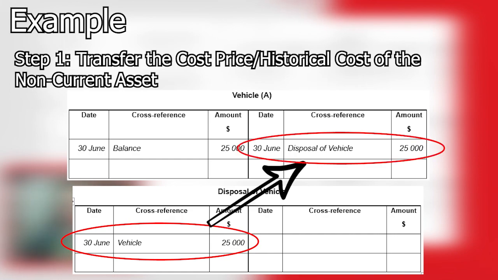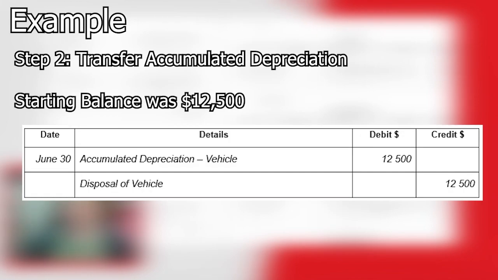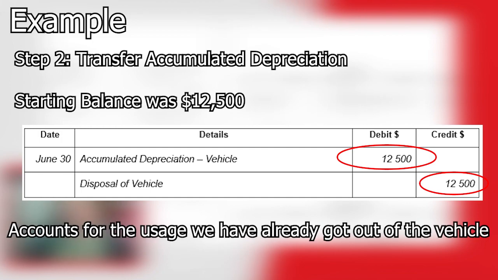We then transfer the accumulated depreciation, and the accumulated depreciation starting balance was $12,500. So all we need to do is go disposal of vehicle, $12,500 on the credit, meanwhile accumulated depreciation of vehicle, $12,500 on the debit. We have a look now at our general ledgers.